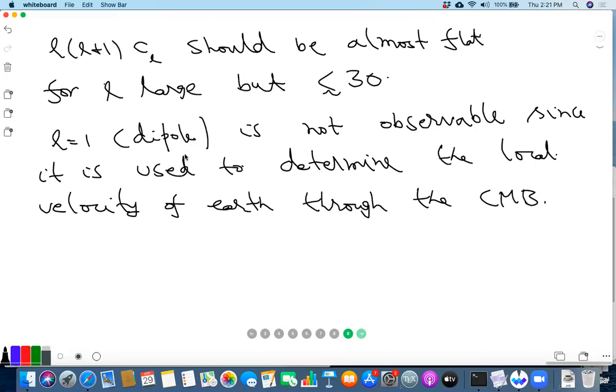We are moving in certain directions, so there is already an asymmetry. So L equal to 1 we cannot observe, but higher L we can observe.